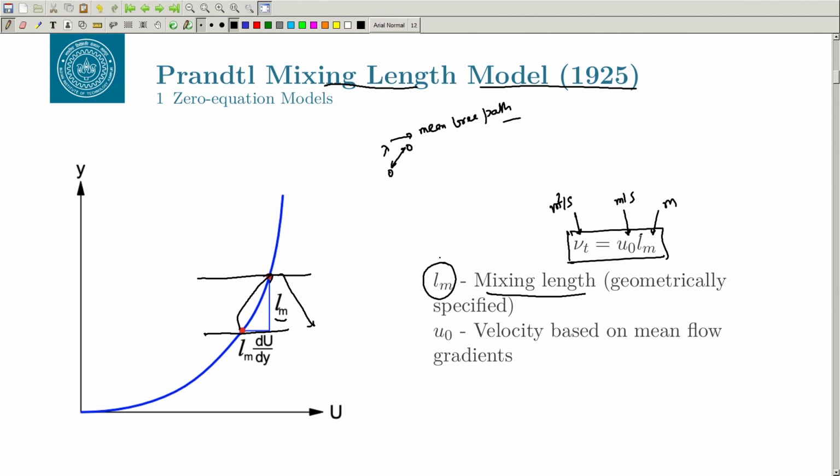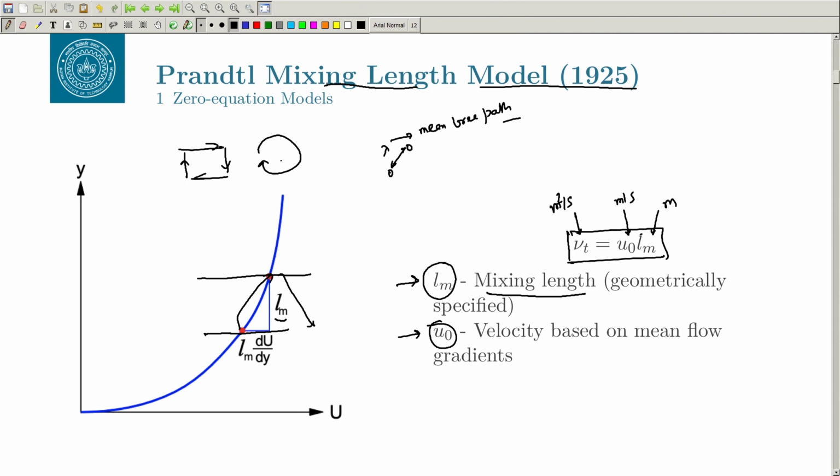The other scale that you want is the velocity scale. The way he defined the velocity scale is that within that length the flow is governed by some kind of gradient. So, if you make an eddy, let us say this is your eddy, this is how the eddy looks like, a picture of the eddy.